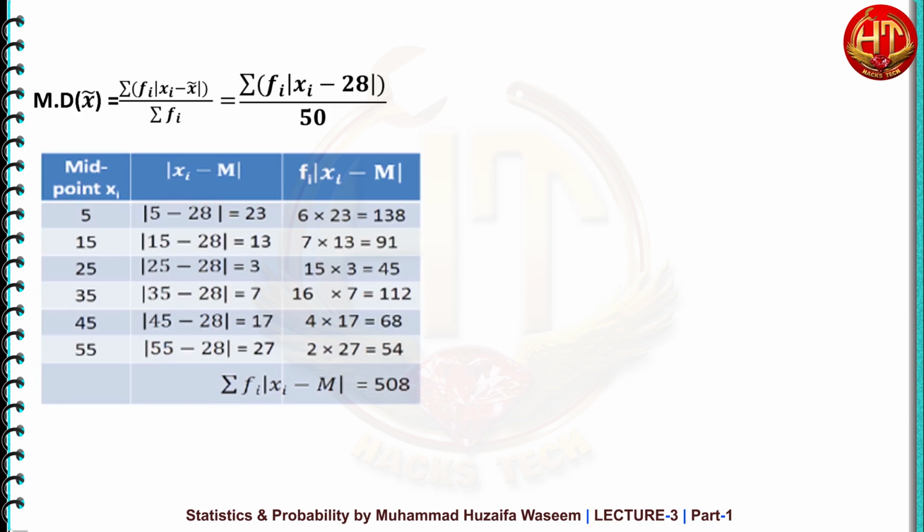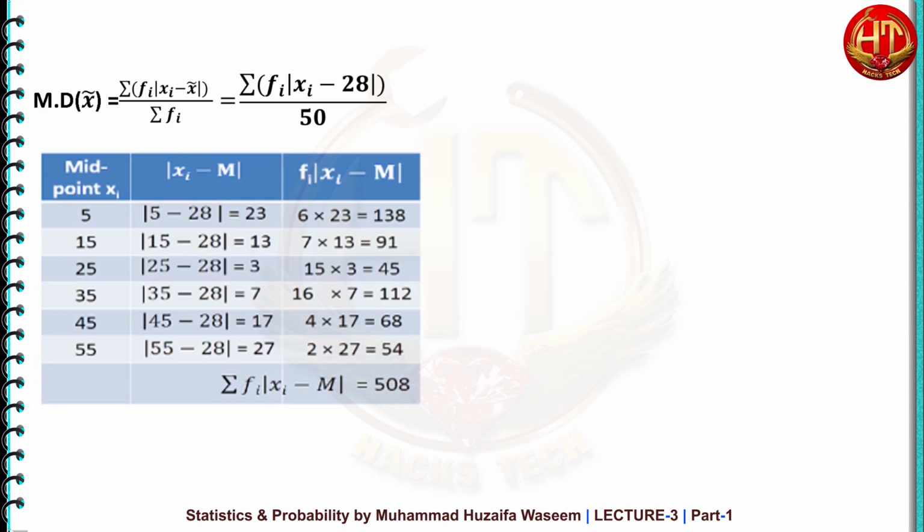After that, make the next column for xi minus median, taking the absolute deviation. It means xi values minus the median value, and then take the absolute value, which is equal to 23. The next value is 15 minus 28, which is your median, and then take the absolute value, which is 13.